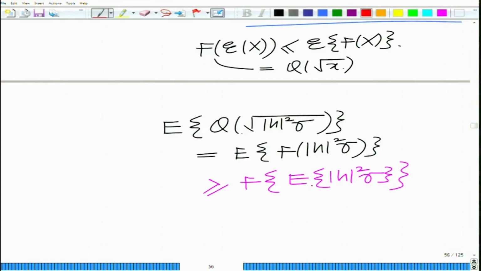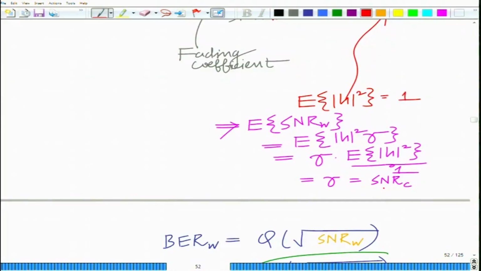And now you observe something interesting. If you recall, our expected value of magnitude h square gamma is equal to gamma, because expected value of magnitude h square equals 1. That is precisely the condition that we set, so that both these communication systems have the same SNR on the average.